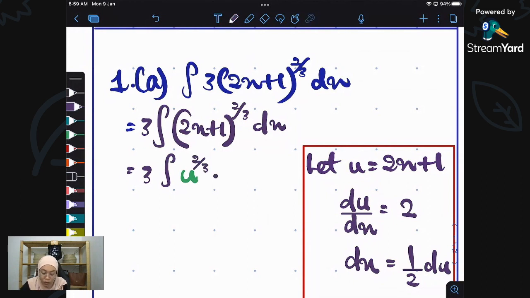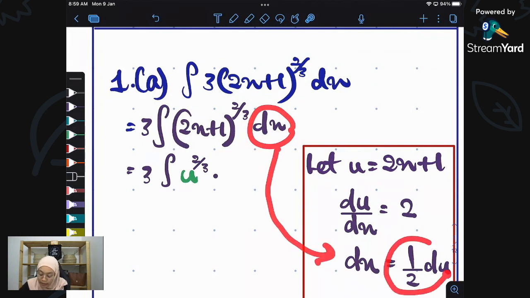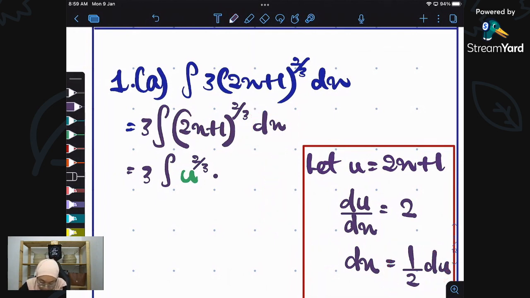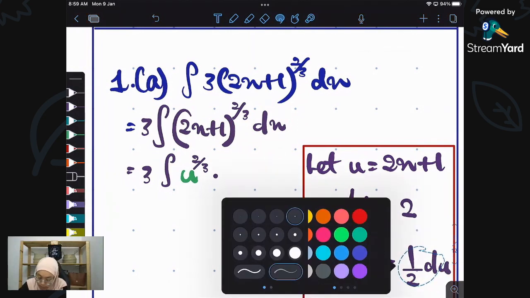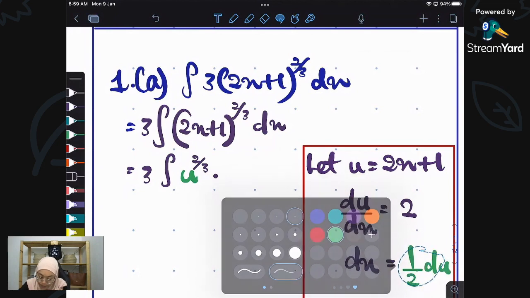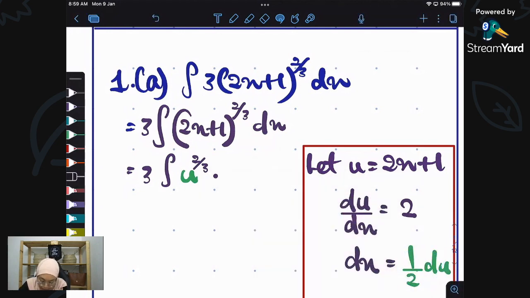And then what is our dx? Our dx is already a different thing, which is 1 over 2 du. So you're going to put 1 over 2 du. Maybe I'll change this color into green. Okay, and then I put it there.